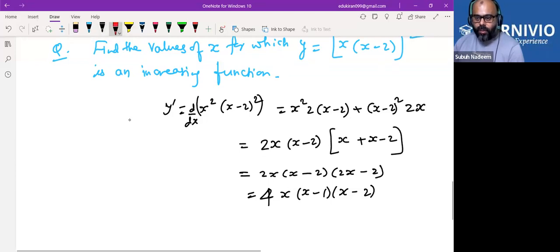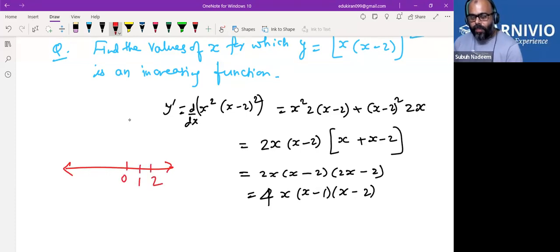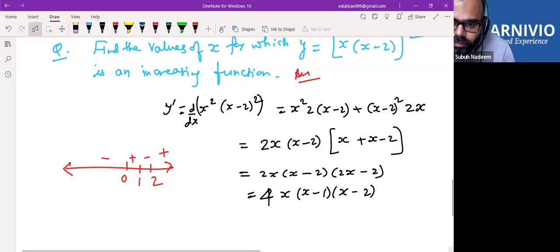Now, you just see the sign scheme. It has zeros at 0, at 1, at 2. And the derivative is positive, negative, positive, negative. Now, where it is increasing, what will be the answer? Sir, 0 to 1 and 2 to infinity.